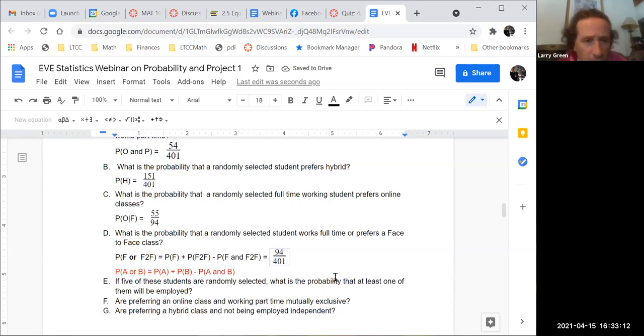And I want to note that unlike part C, there's no givens. Okay, we're not restricting the population to any of these in part D. So that means the denominator is always going to be 401. And in fact, I can do a little math. If the denominator is always the same, I can put them all together. Everyone okay with that? That's how you add fractions when the denominator is the same. You just add the numerators. So then I go to the probability of face-to-face.